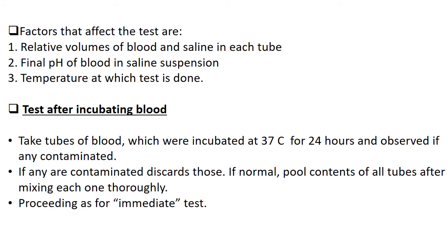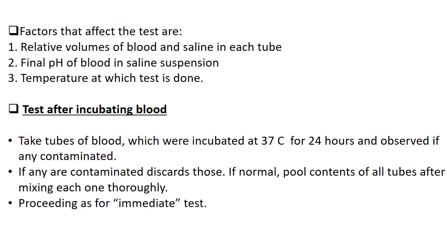Take the tubes of blood which are incubated at 37 degrees centigrade for 24 hours and observe if any are contaminated. The contamination is indicated by gross lysis and change in the color of the solution. If any are contaminated, discard those. If normal, pool the contents of all the tubes, mixing each one thoroughly.